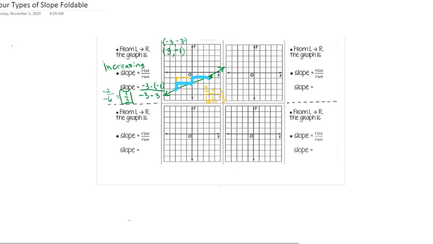All right, so the negative slope we're going to put over here on the top right-hand corner. So this goes on the outside of the top right, negative slope. Negative slope is a line that goes down from left to right.